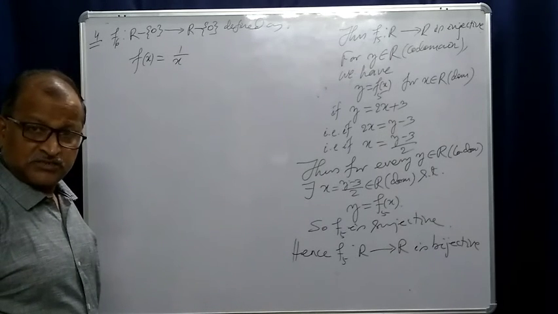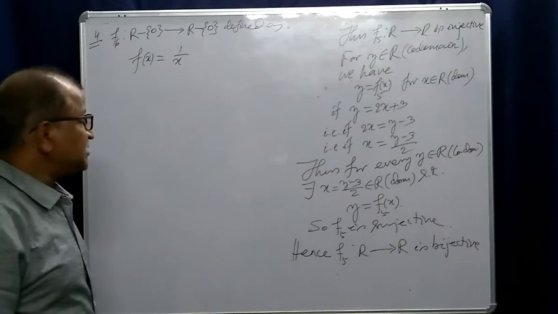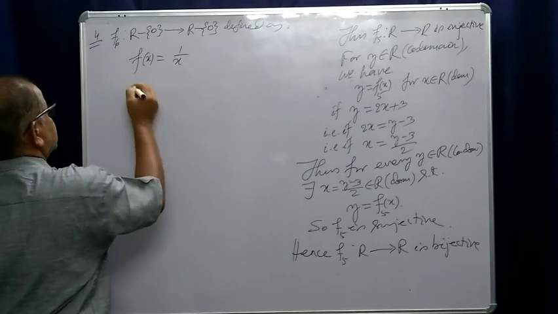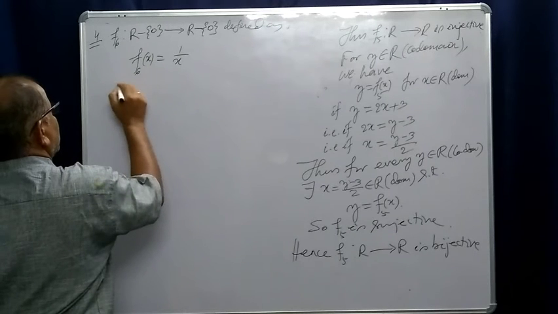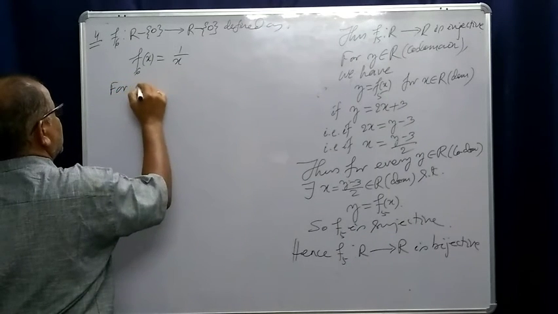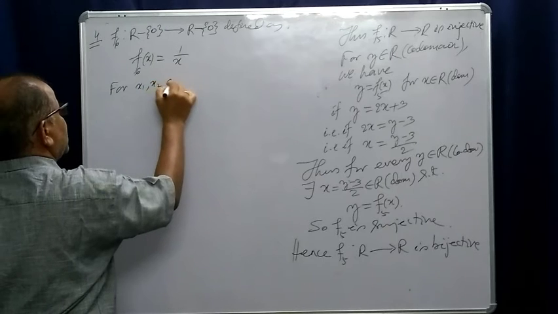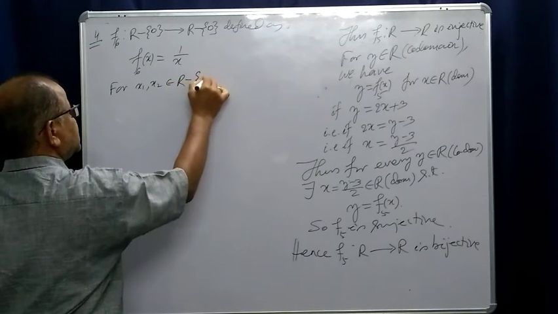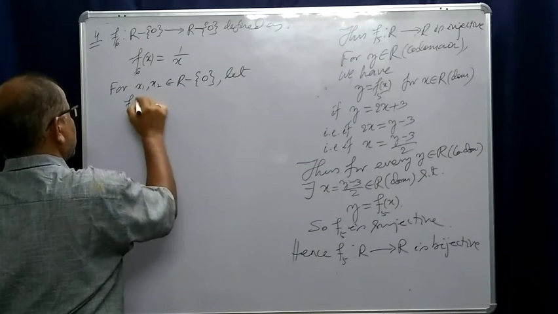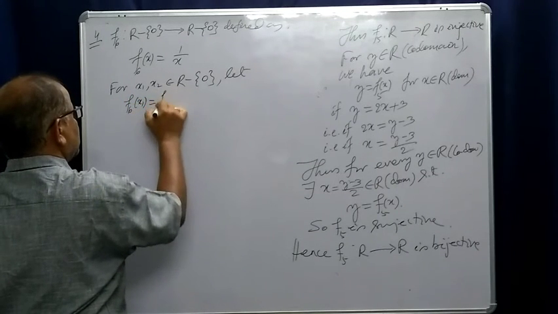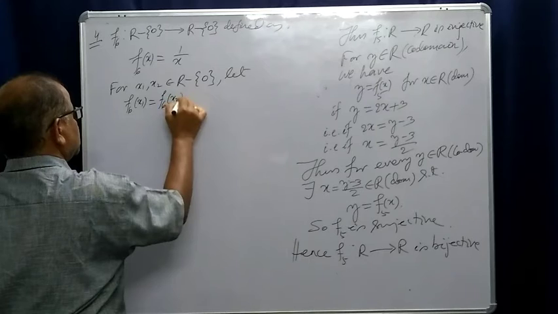Let us test whether it is injective, surjective or not. f6. For x1, x2 belongs to R difference 0, let f6 of x1 be equal to f6 of x2.